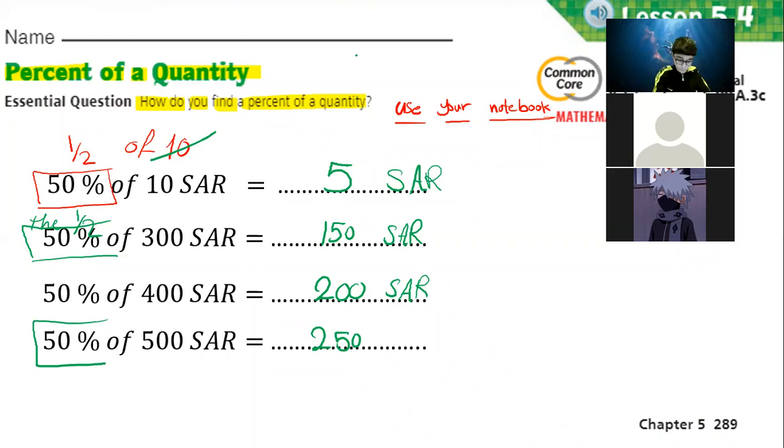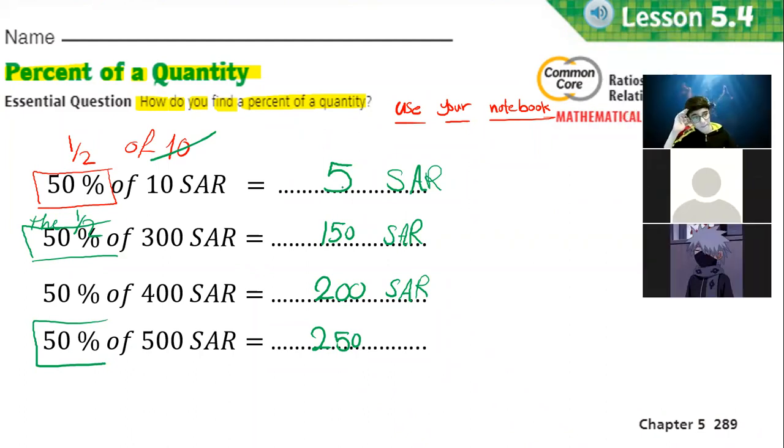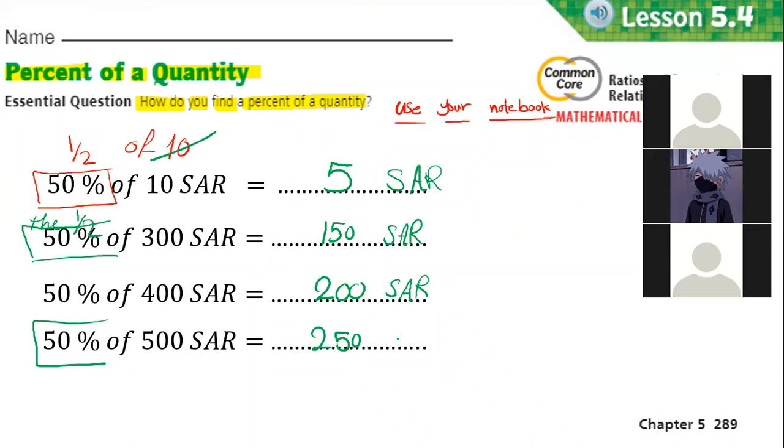Muhammad Zaki, do you understand me when I solve the four questions here? What do you understand from 50% of the amount, 500, of the quantity? Means, Mr., I think it's half.